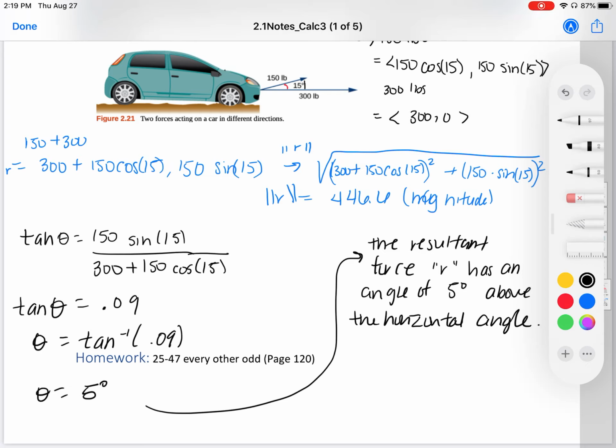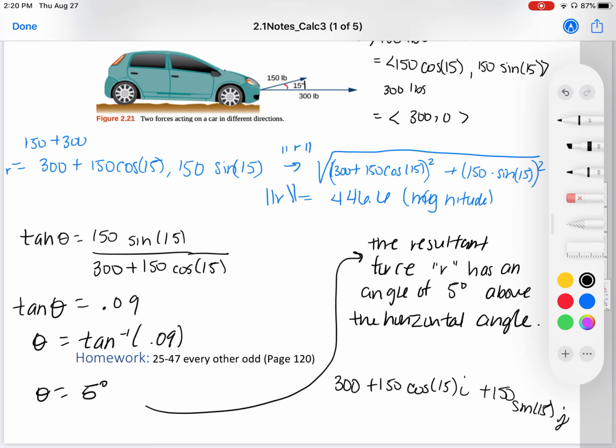Technically we have a new vector, made up of 300 plus 150 cosine 15 in the i direction and 150 sine of 15 in the j direction.